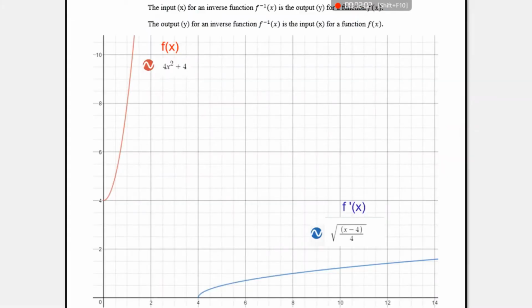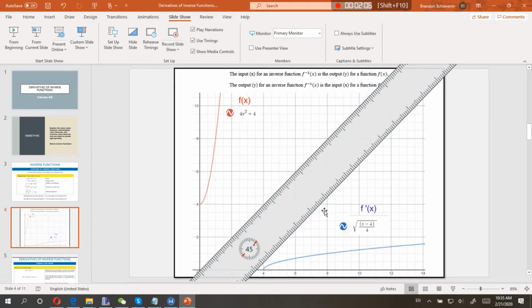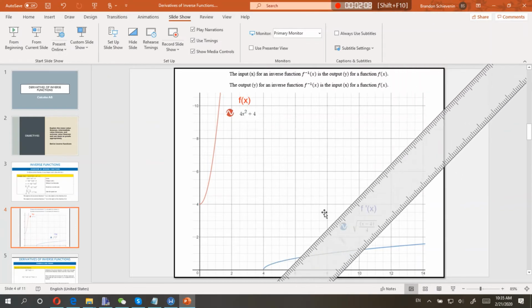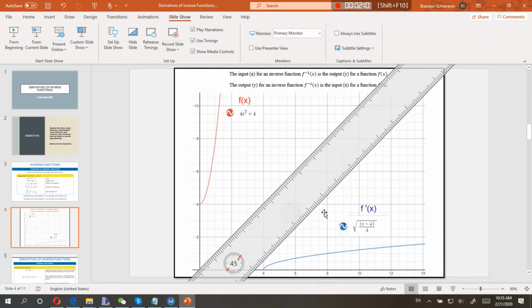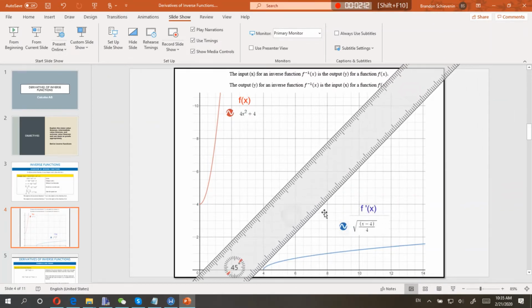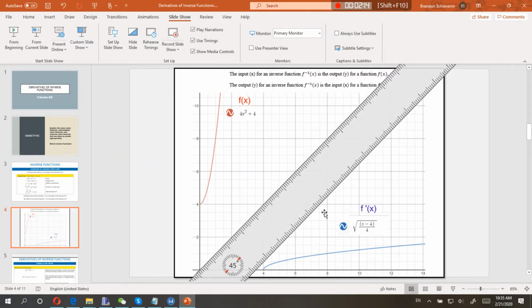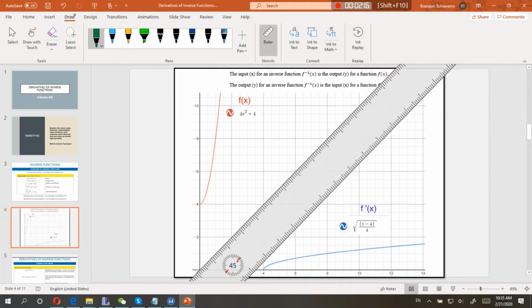Graphically, I could say that if I was going to draw a line, y equals x, so something like this.